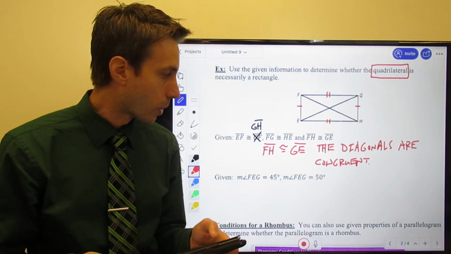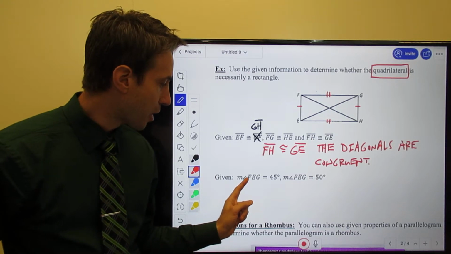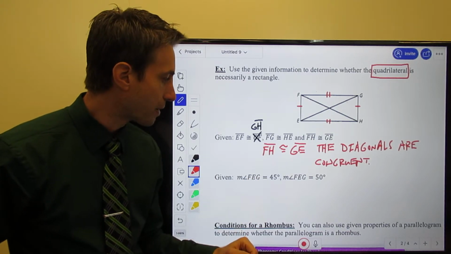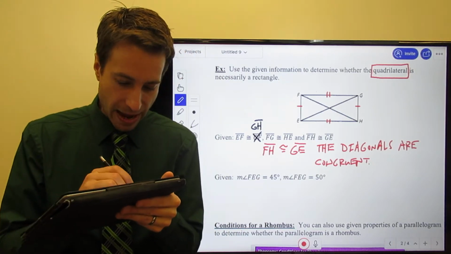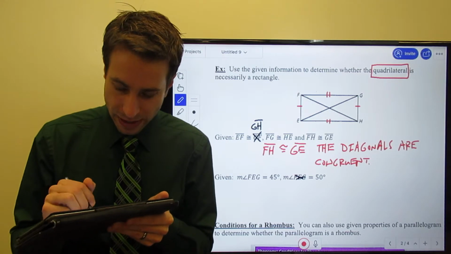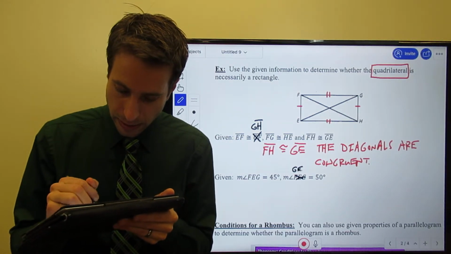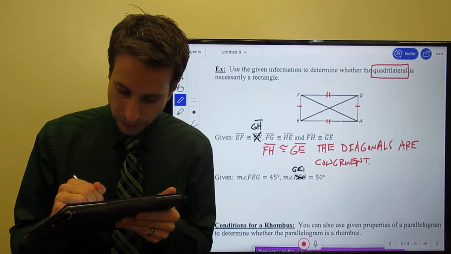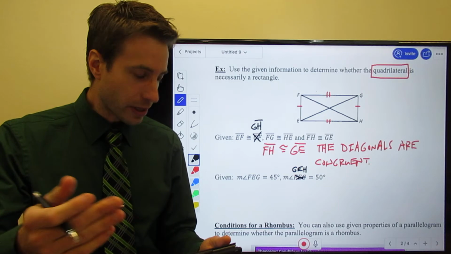All right, let's try the next one. So here's what I've given you. I have told you that the measure of FEG is 45 degrees. Sorry, I apologize. I have another typo here. Scratch that out. This is going to be GEH. Okay, so essentially here's what this is.